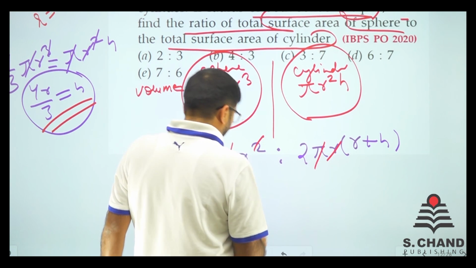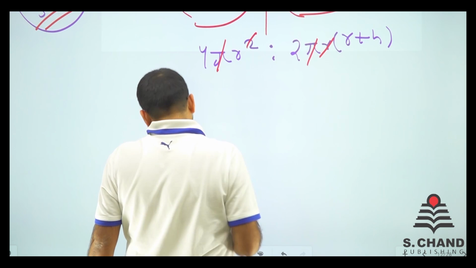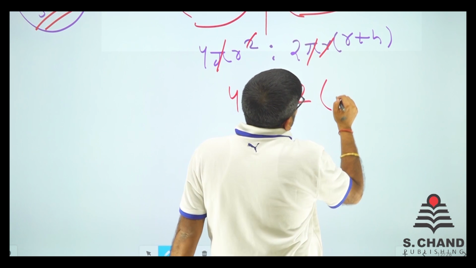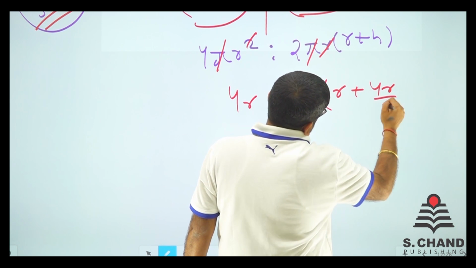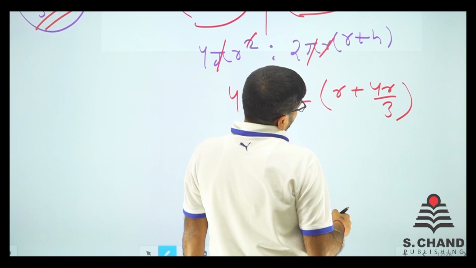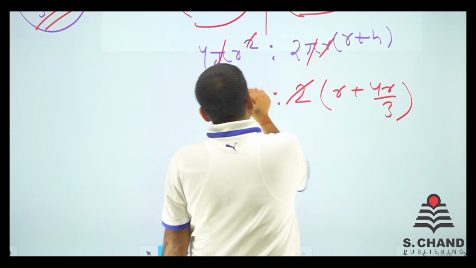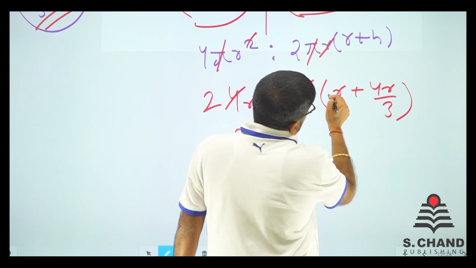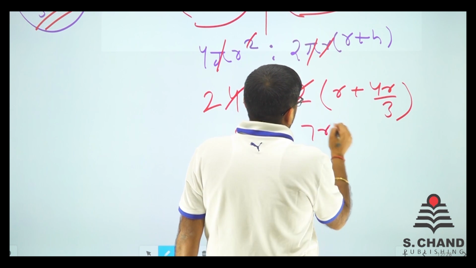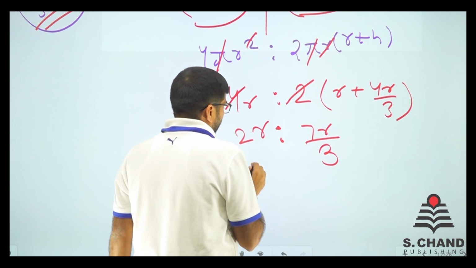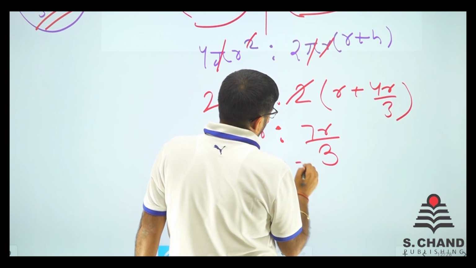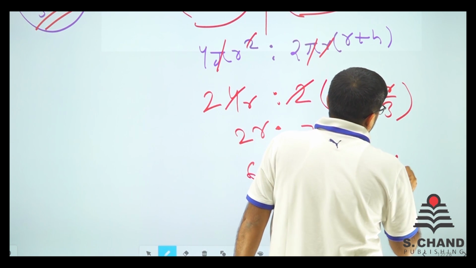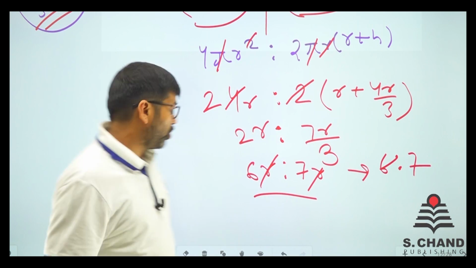So here we are left with 4r, and here we have 2r plus 4r by 3. So this 2 gets cancelled out, so 2r ratio (3r plus 4r) that is 7r by 3. So cross multiplication, 6r ratio 7r, r gets cancelled, so 6 is to 7. So my answer comes to be 6 ratio 7.